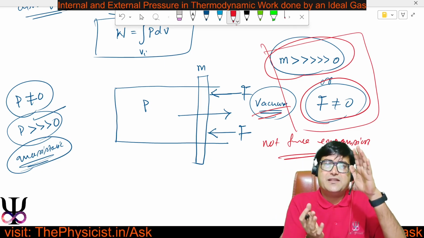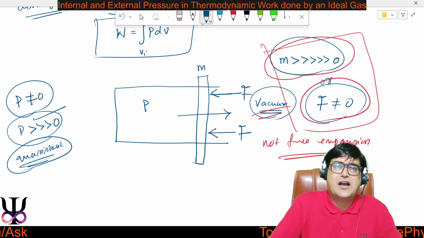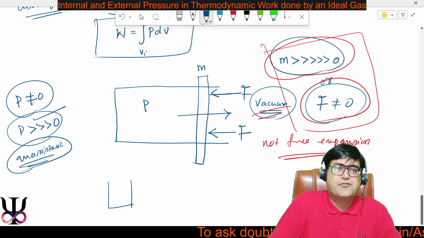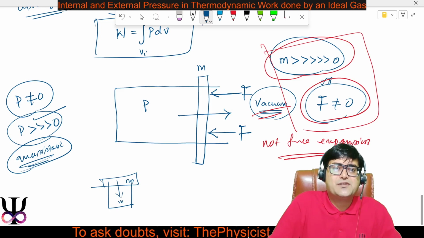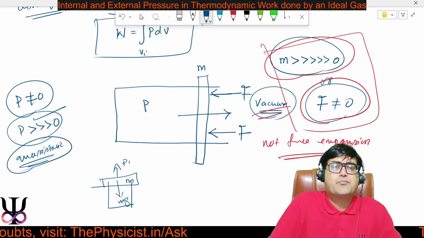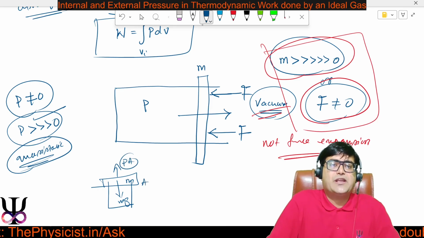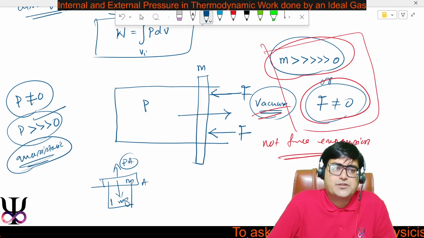Understand, this kind of situation happens when you have a cylinder vertically placed and you have a piston of some mass. So in this case, there is an mg force which has to be counteracted by the P times A force, or the pressure into area. Area is the cross section area of the piston, right?